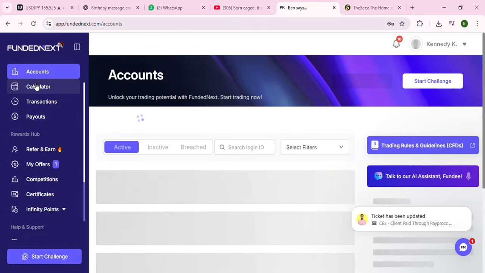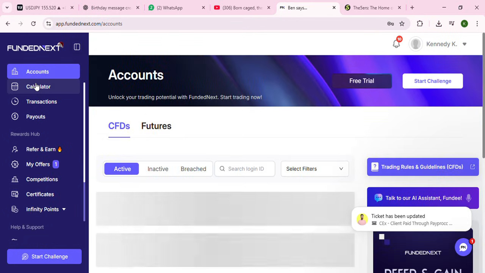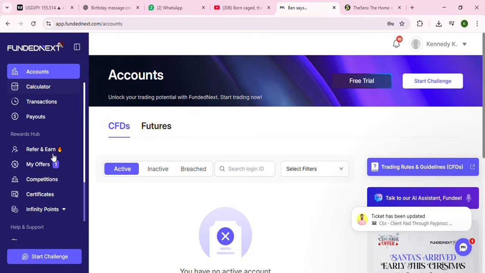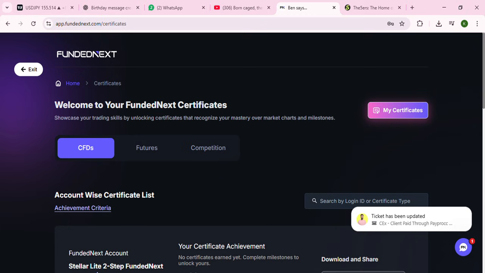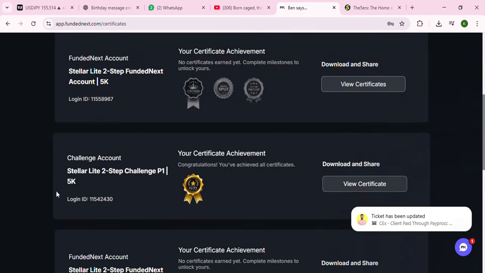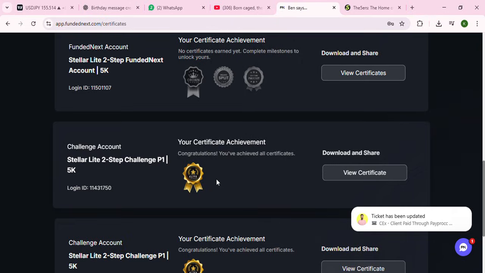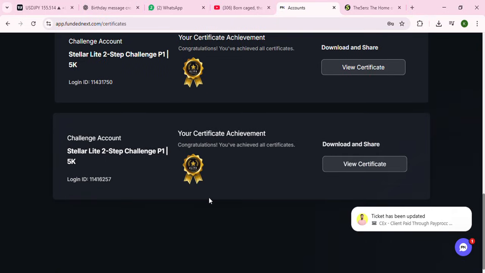My first experience on prop firms or funded accounts, which I can say is quite good, because now I got certificates actually. Once you pass phase 1, you get certificates, the achievements, and so the first certificate is here. I have the second one and the third one.